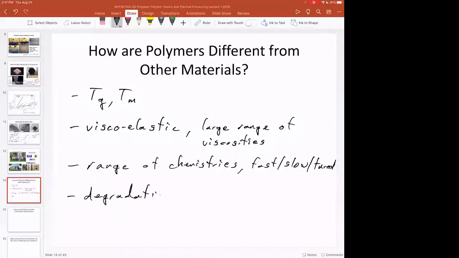Degradation. What's a maximum temperature that polymers survive at? Does anyone know? Thousand C, 1500 C, 400 C, 100 C. When I say polymer, what sort of number goes in your head?